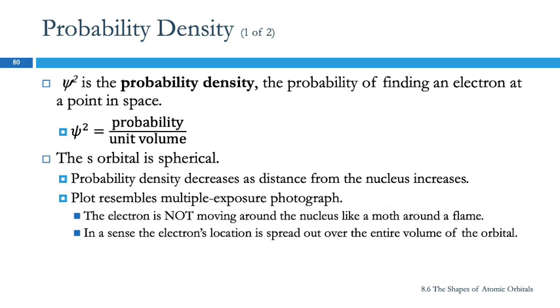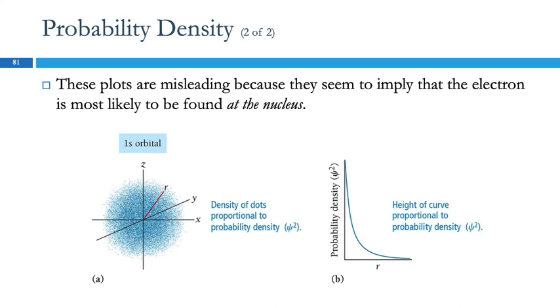So we can make a plot of this, which would be like a multiple exposure picture, where you take the same film or whatever and you expose it multiple times. So that would look like this. Each of those little dots would represent where the electron was at that particular moment in time. And so this would be like thousands of exposures.